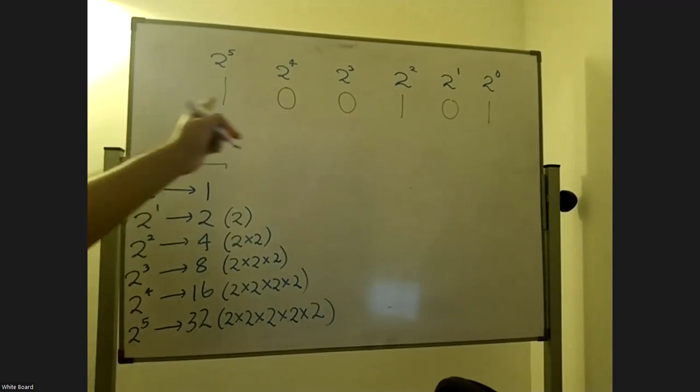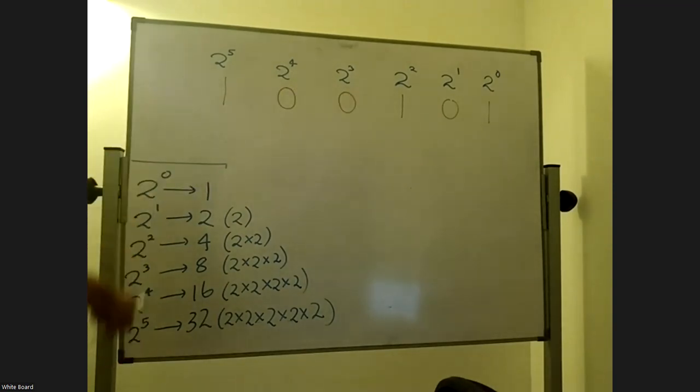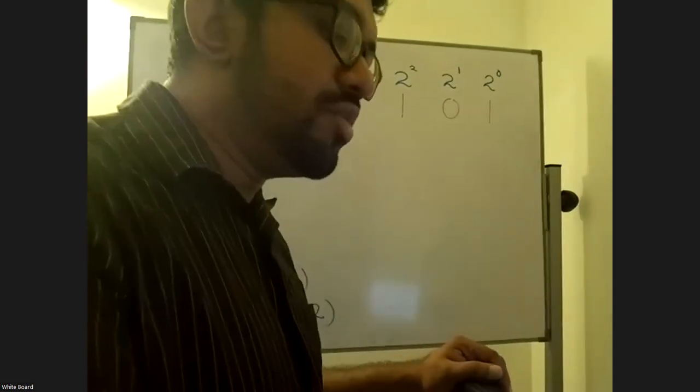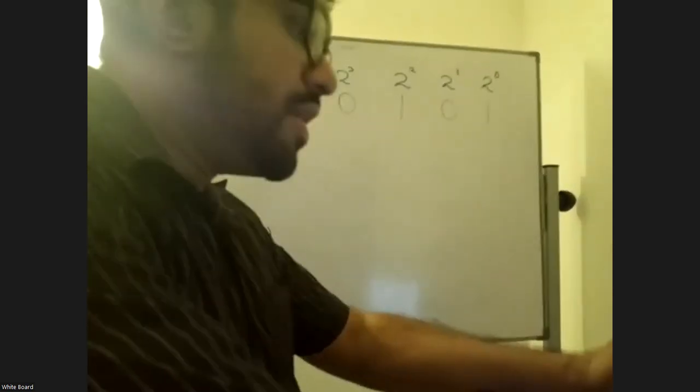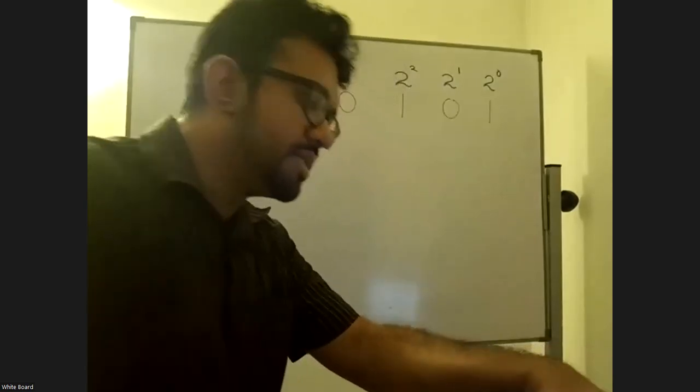Okay, so I hope that you didn't write anything here. So first, just put a topic: converting binary numbers to decimal numbers. I don't think you wrote the topic, so write down converting binary numbers to decimal numbers. That's the topic.